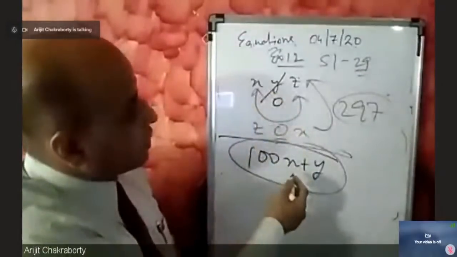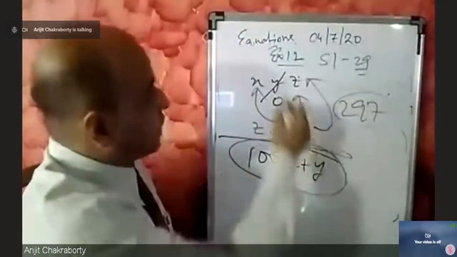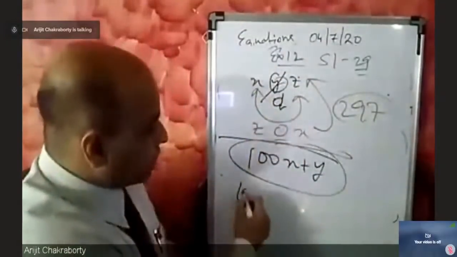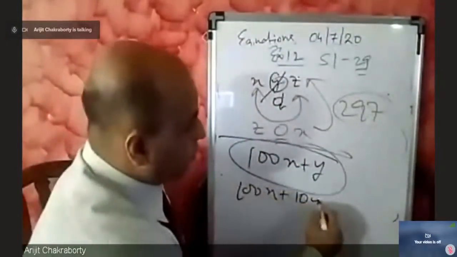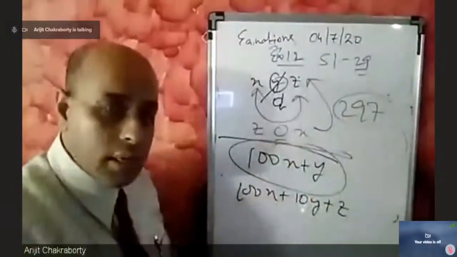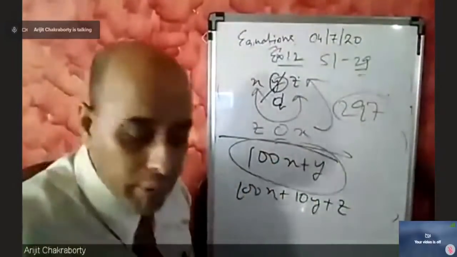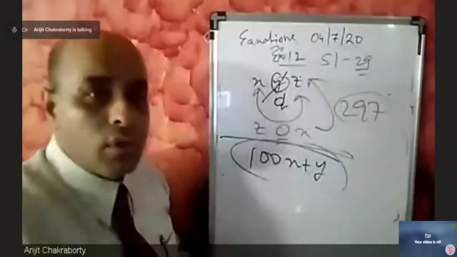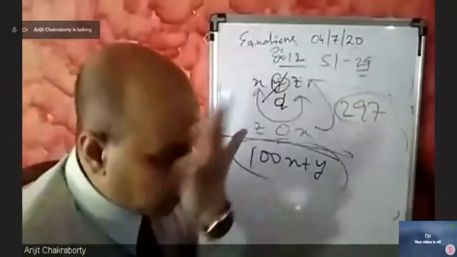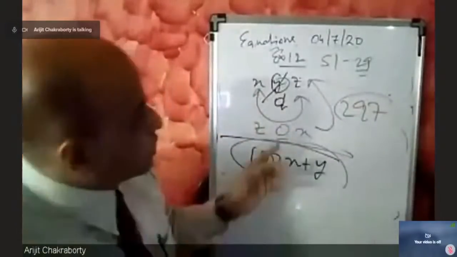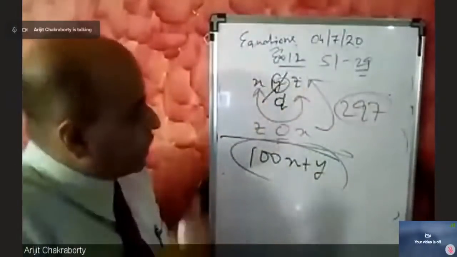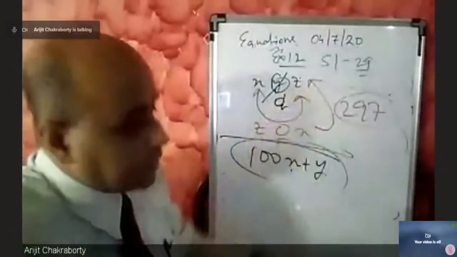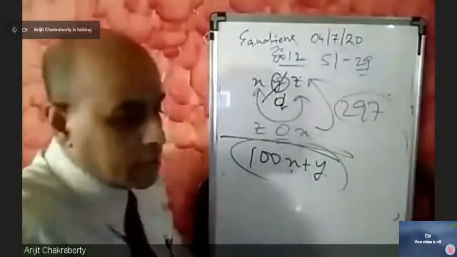If the tens digit was not 0, then I would have said 100x plus 10y plus z. But since there is no intermediate digit, we are taking it as 100x plus y, and we also know that the sum of the digits, that means x and y, is given as 9. In the problem it is given that the sum is 9.